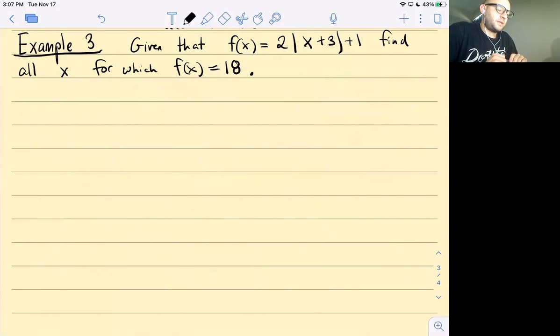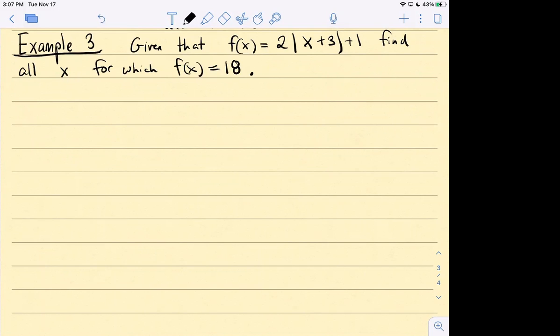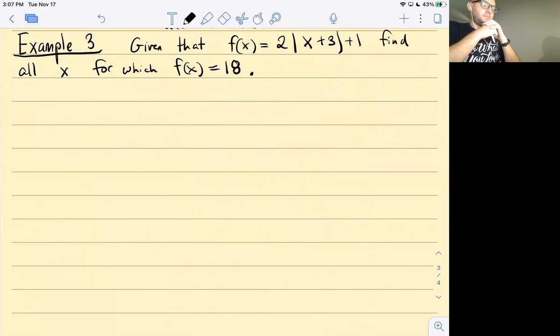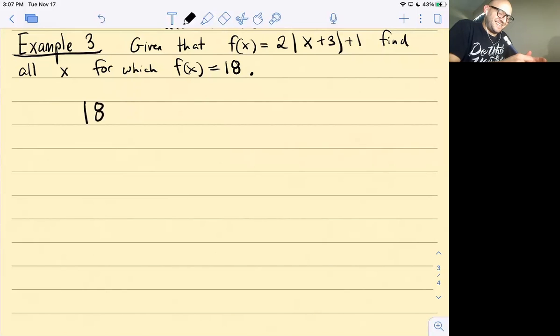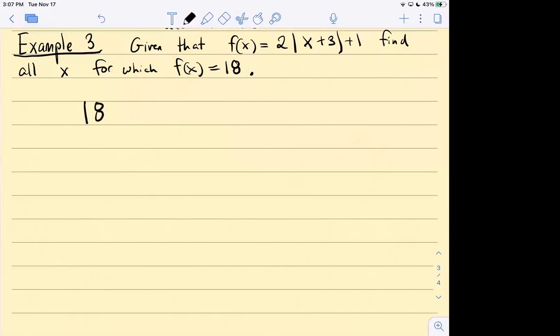So yeah, take a moment to read this. Does anyone know what a simple equation is that we could set up here to solve it? Could you put the 18 in for the f of x? Substitute, thank you, Gabby, for telling me that. Substitute 18 for the f of x in the first equation? Perfect, exactly.